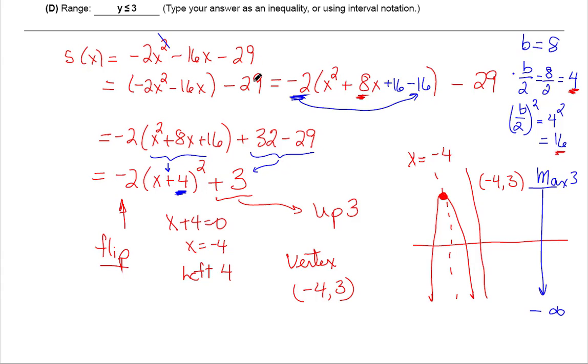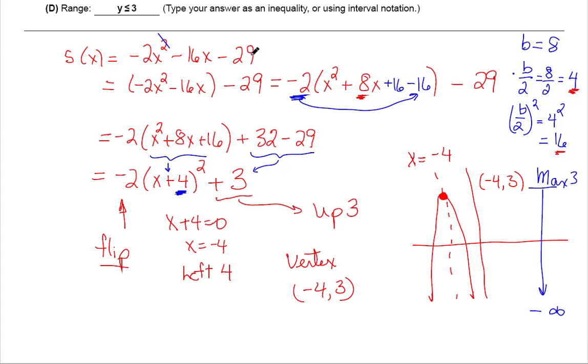Left the number alone, and so now I'm going to pull this minus 2 out. So that's a minus 2 times an x squared plus 8x, right? Because minus 2 times 8 is this minus 16. So again, I'm factoring a minus 2 out of the problem.